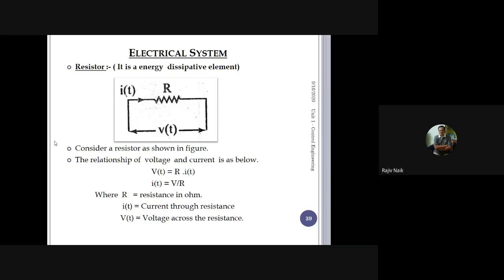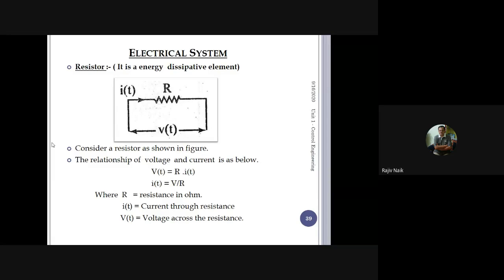Here you come across the terms V, that is voltage or EMF, electromotive force. It is similar to force only. Similarly, instead of displacement or velocity, you have what? Instead of velocity, you have a current.